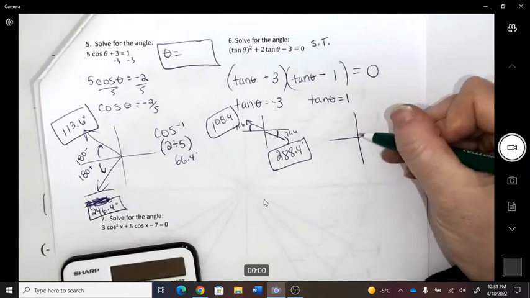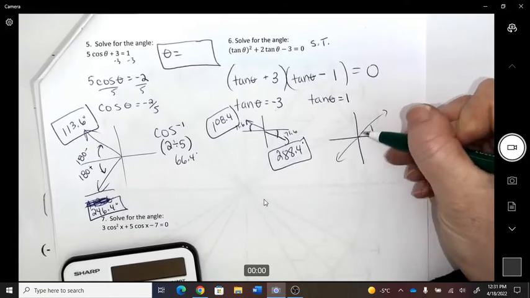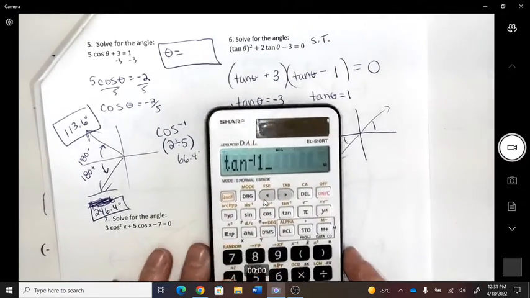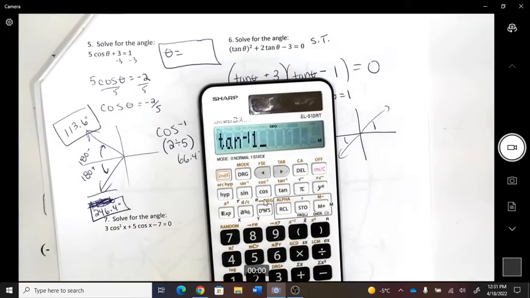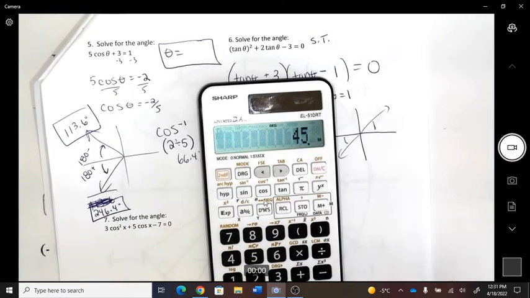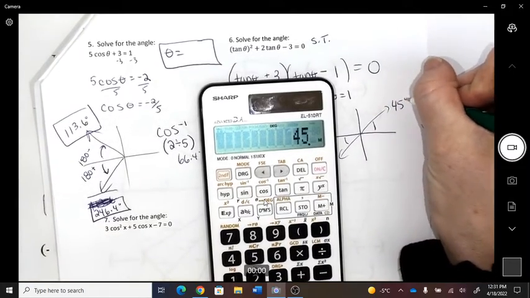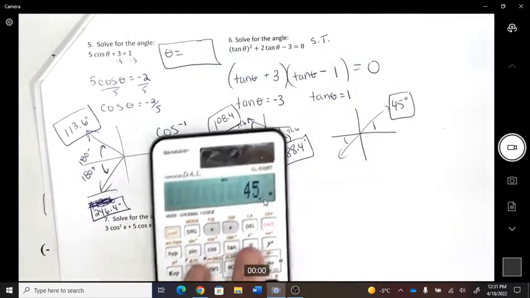Okay, the next one, where is tan positive? Well, those two quadrants. Okay, this is going to be a nice pretty angle. Tan inverse of 1 is 45. So this is 45.